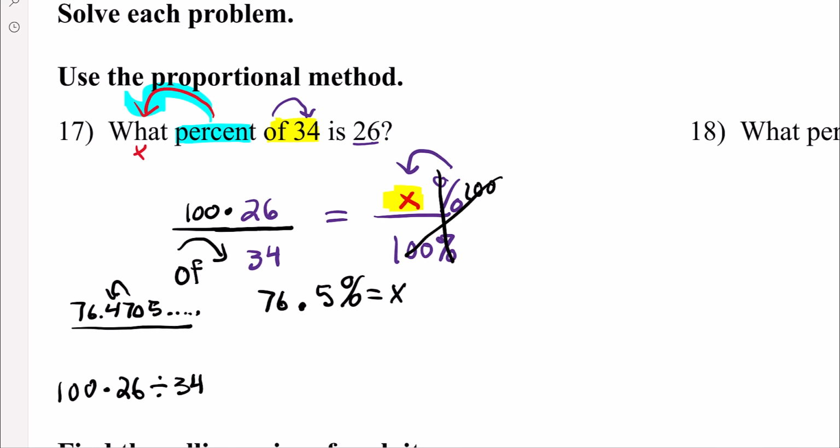Let's see if that's true. What percent of 34? So if you've got 0, and this is 34. Well, 50%, half of 34 is 17. So between 17 and 34, you're going to have 75%. Well, that makes sense. 26.